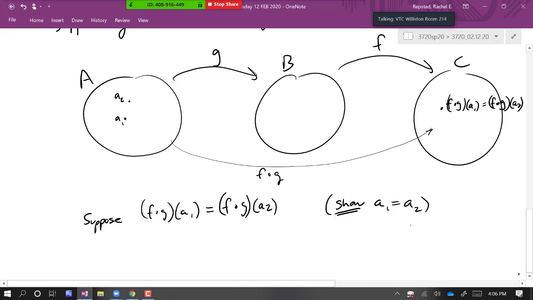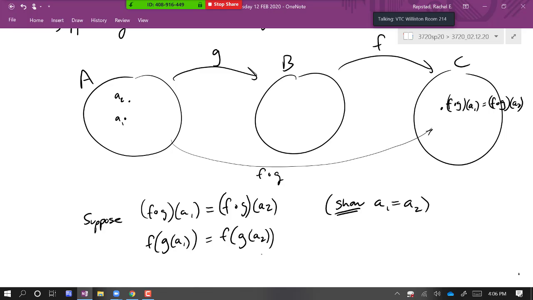The first thing I might do is just rewrite these compositions in their other notation. So f of g of a1 is f of g of a1, and over here this is f of g of a2. You will use individually the properties that f is injective and that g is injective. You're not going to use them both at the same time, but you'll use them in a particular order that allows you to draw some conclusions.